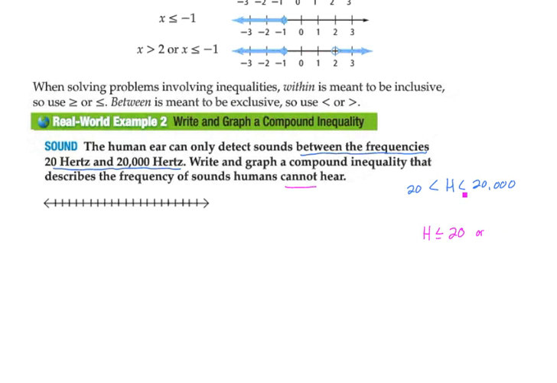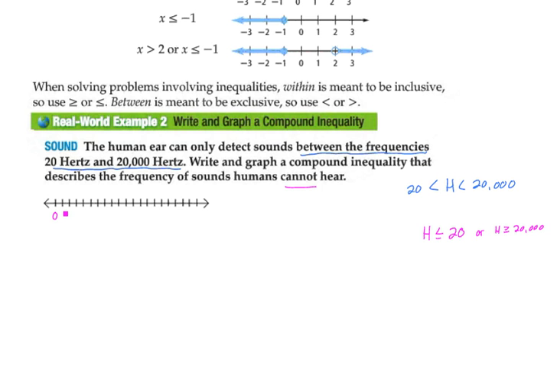Or we can also, if it's less than 20,000, we can't hear things that are greater than or equal to 20,000. So I looked at the opposite of that. Okay, so again, this says H is greater than 20 and less than 20,000. So our hertz that we cannot hear are less than or equal to 20 or greater than or equal to 20,000.